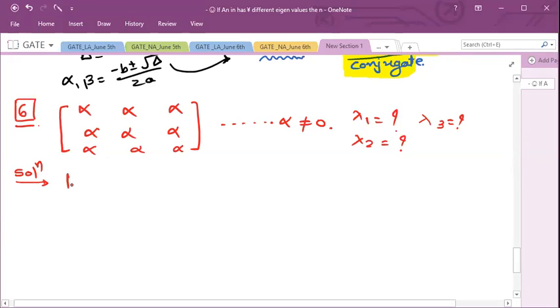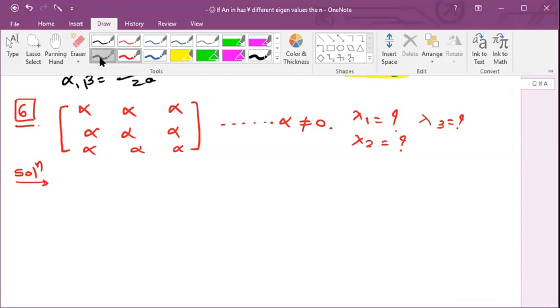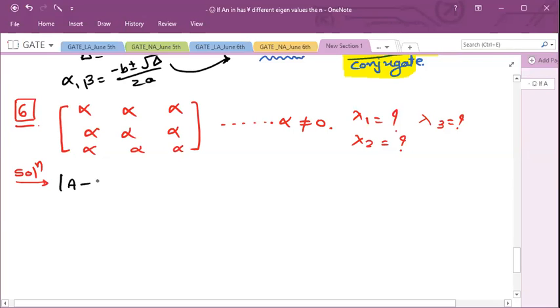So here our characteristic equation will be determinant of A minus lambda I equal to 0. So this will become alpha minus lambda, alpha minus lambda, alpha minus lambda. Sorry, my mistake, only in the diagonal elements, alpha minus lambda.